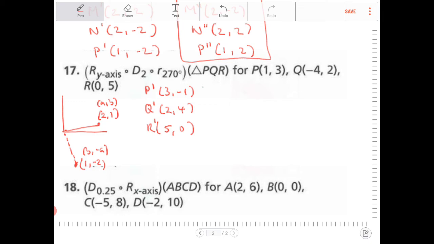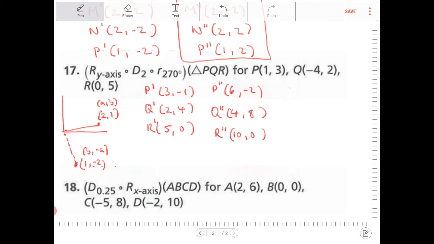Okay, so when I say that doesn't change, I mean the 0 doesn't change, because 0 is neither positive nor negative. All right, P double prime. Okay, we're going to multiply those coordinates by a factor of 2. That would be 6 comma negative 2. Q double prime, that would be 4 comma 8. R double prime, that would be 10 comma 0.